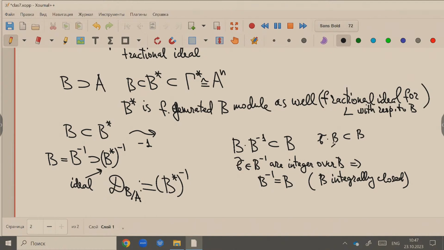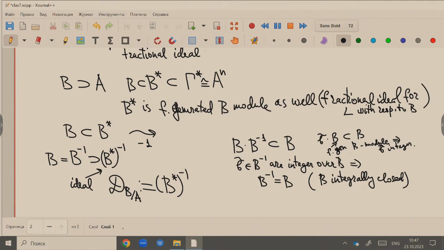So, finitely generated B module. And of course, this should always be noted.